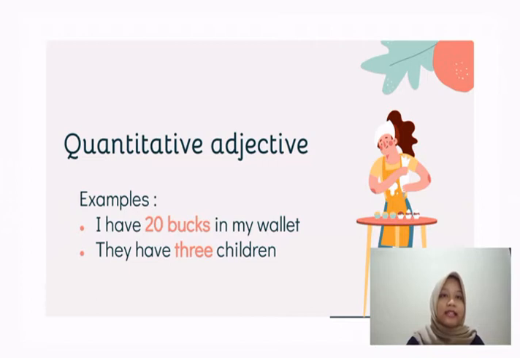It's the same for the second example: They have 3 children, and the word 3 here refers to a quantitative adjective because the word 3 is a number.